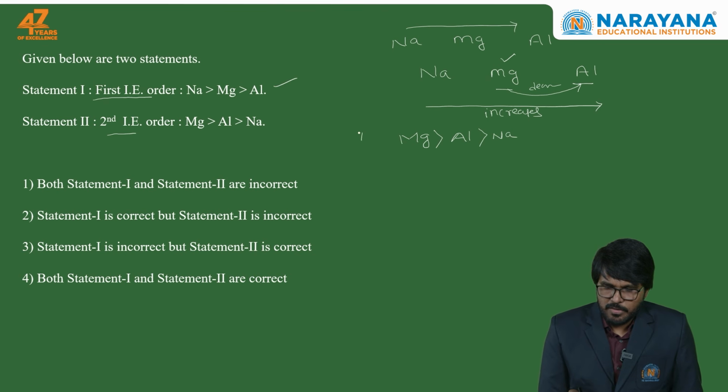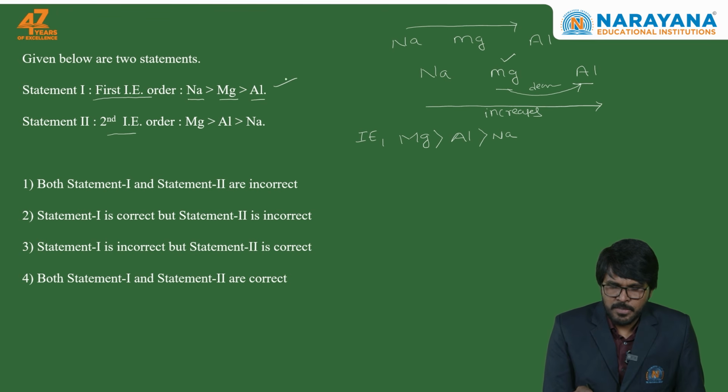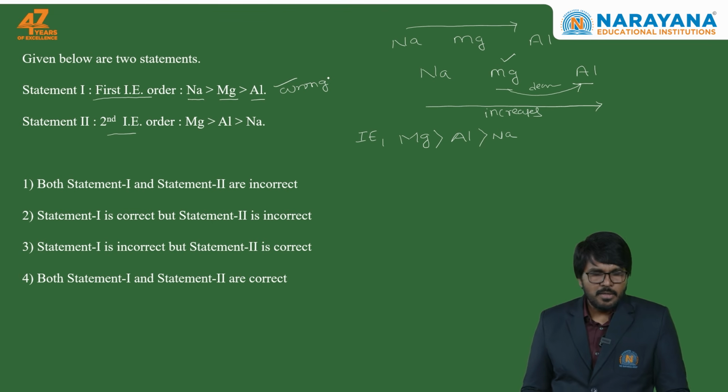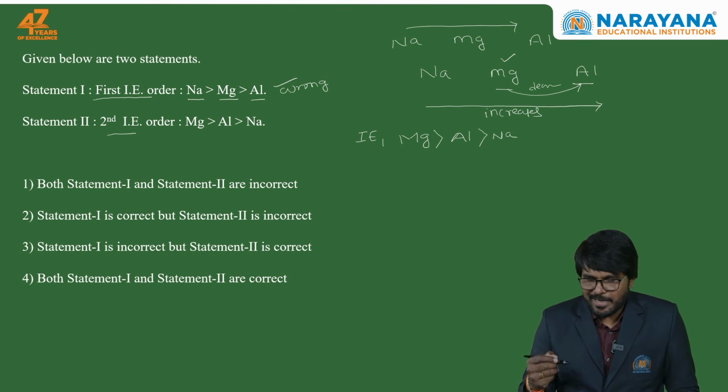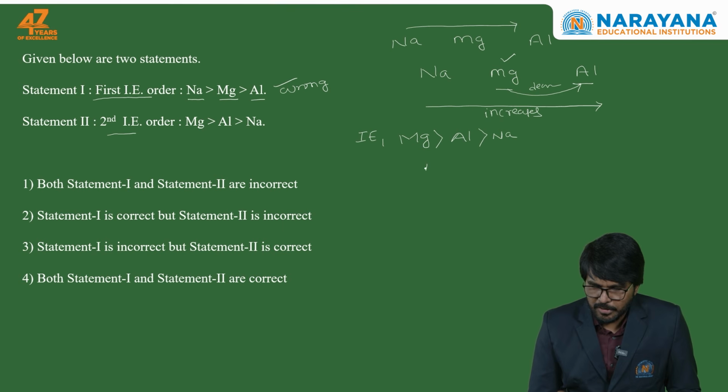This is the first ionization enthalpy order of these three elements, but here it is mentioned sodium, magnesium, aluminum, therefore statement 1 is wrong. And for second ionization enthalpy, we have to remove an electron from unipositive ions.